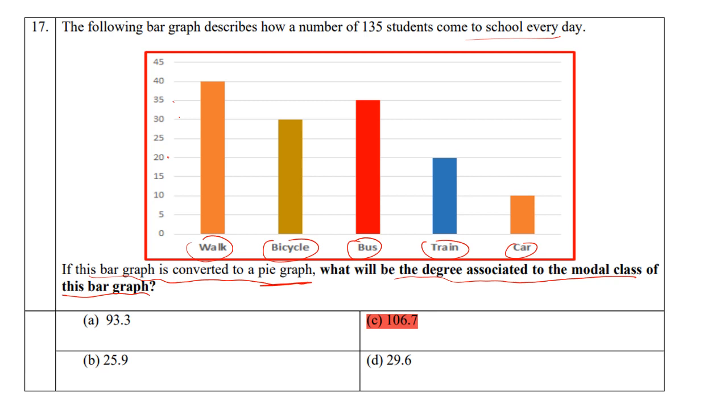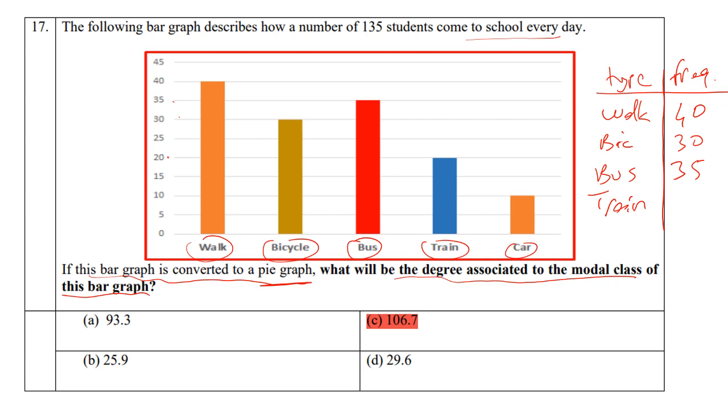Now, in order to make the pie graph, let's make a table of the frequencies, and this is the type of transportation. Walk is 40, and then bicycle is 30, and bus is 35, and then train is 20, and the car makes 10.